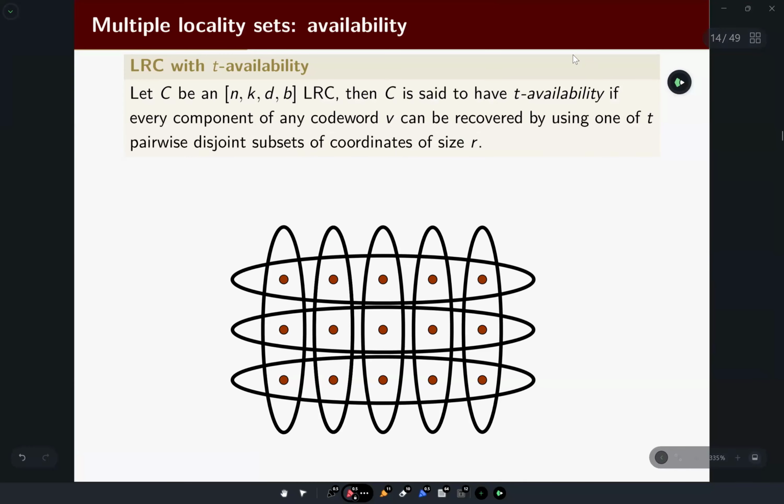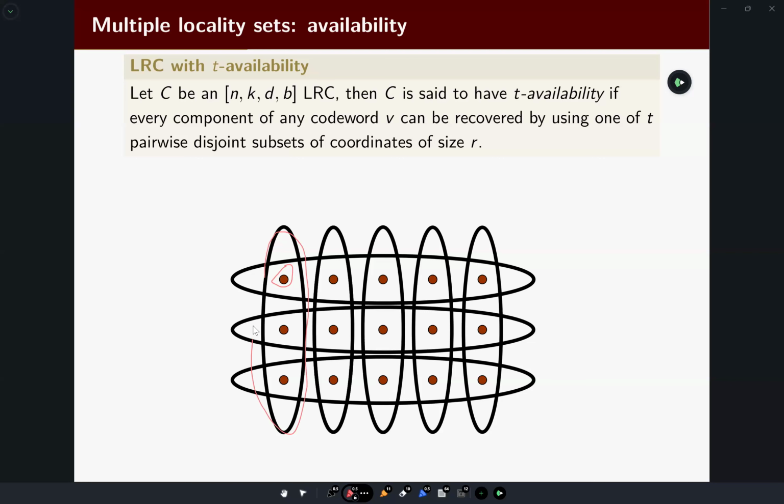And this is instead the definition of availability, with a picture below. Basically, availability means that we want to find a way to partition the entries of our codeword, which in this case are the dots, in such a way that each of them belongs to 2 locality sets.